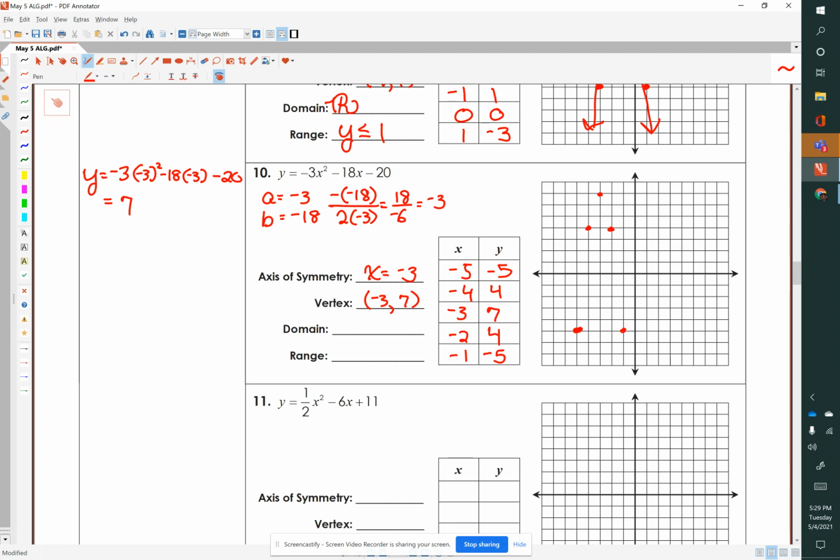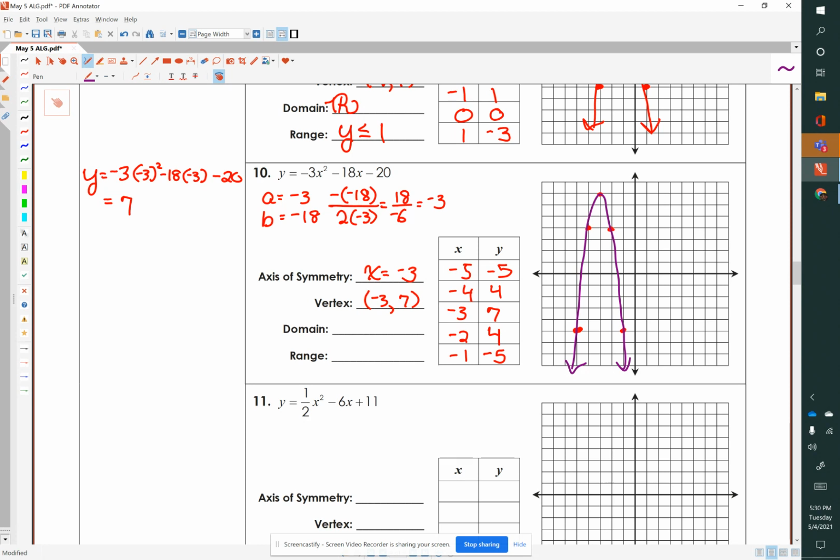And let's try to get a nice curve going. Oh, I think I can do better than that. Maybe I need to change the color. That's a little bit better.